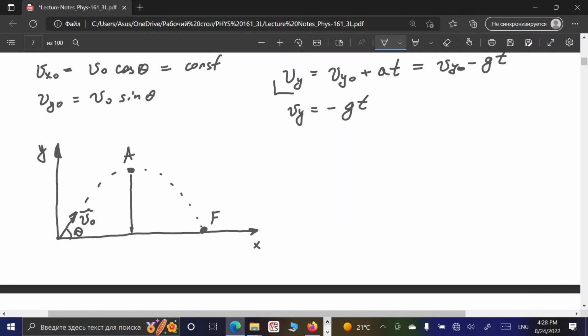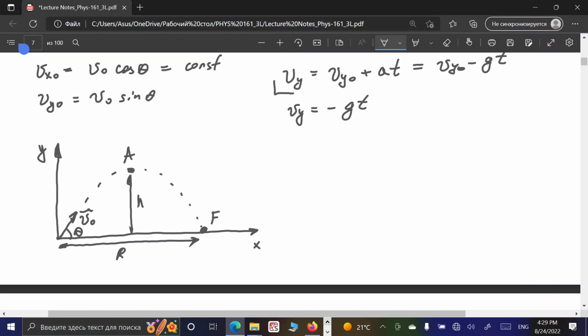So here is the height of the trajectory. So it's the y range of the trajectory, and here is the x range of the trajectory. Let's call it r. So that is the maximum length of the projectile motion along axis x. So let us define these parameters.